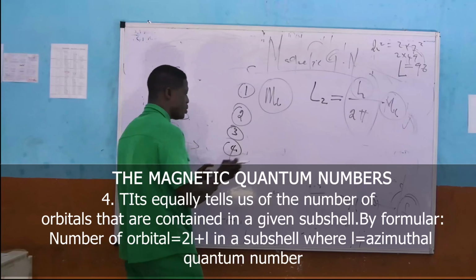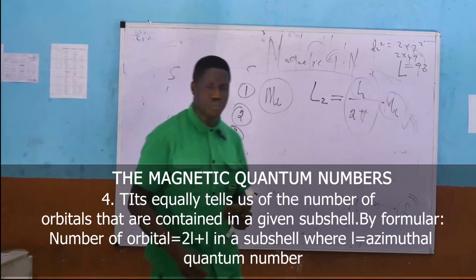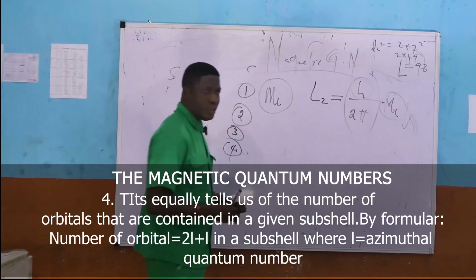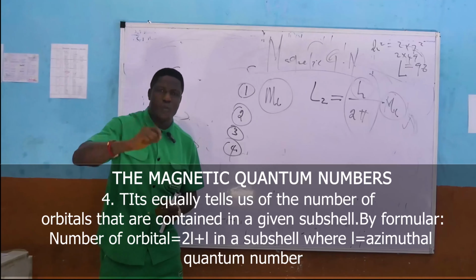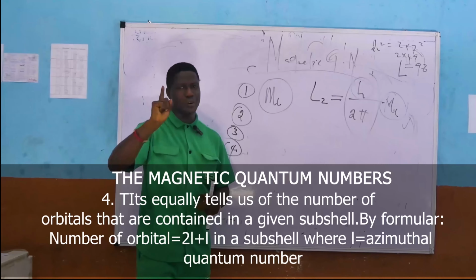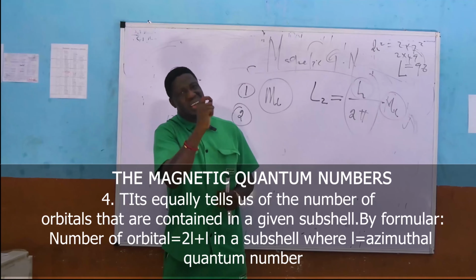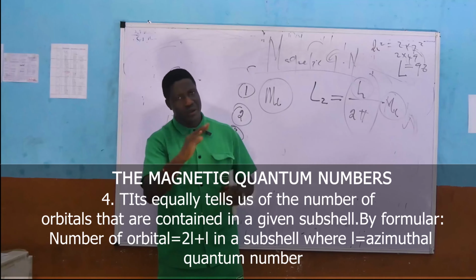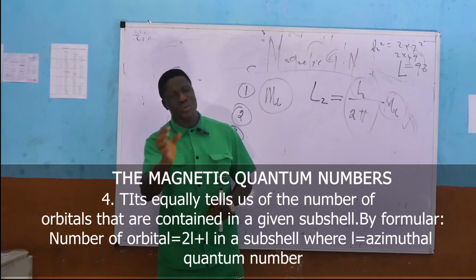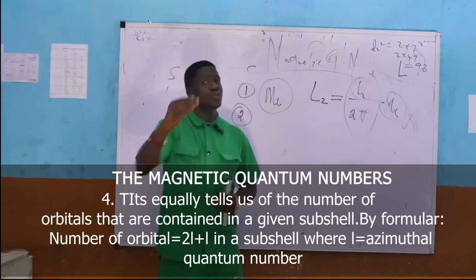Number four, information you need to know concerning the magnetic quantum number. The magnetic quantum number divides each of the subshells into sub-subshells. Take note, please, that there is the azimuthal quantum number, which has been extensively discussed. I told you in the course of that lecture that the azimuthal quantum number divides the shells, K, L, M, N and so on, into subshells.